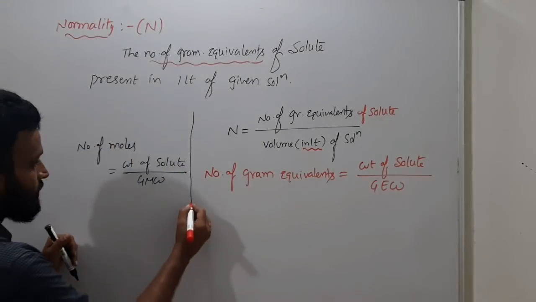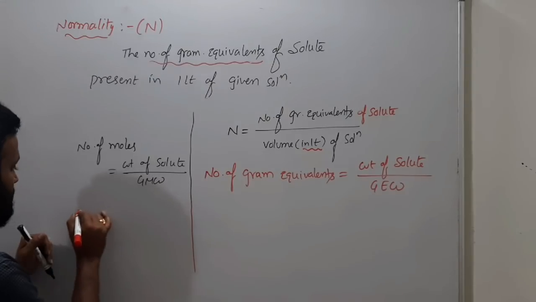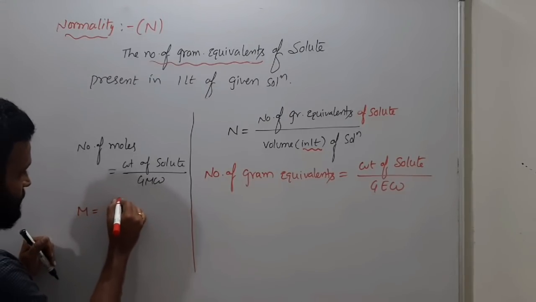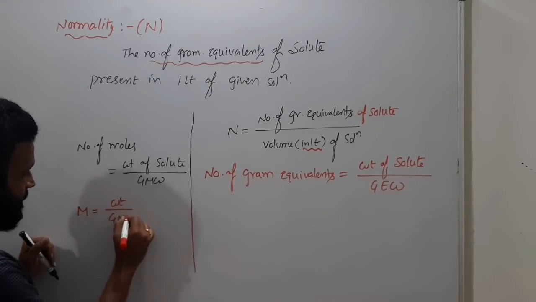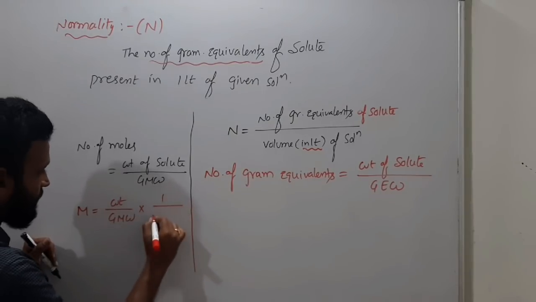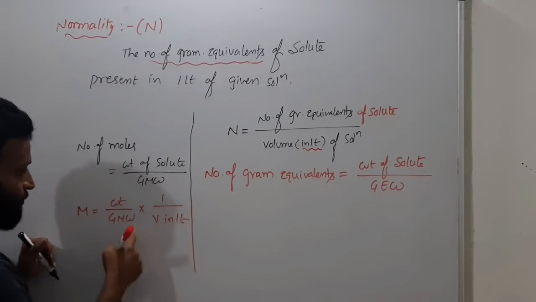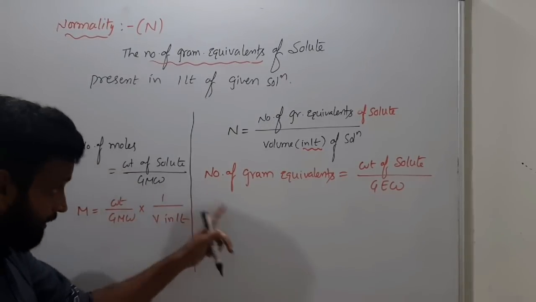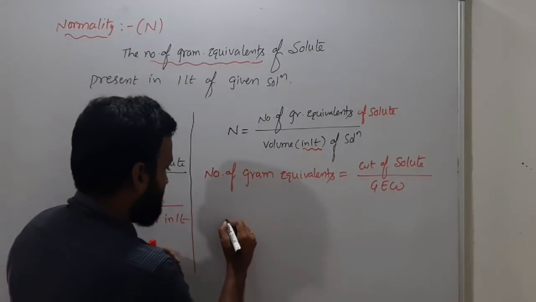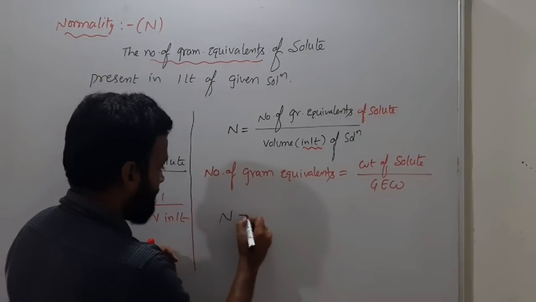So what is the molarity formula? Molarity is equal to weight by gram molecular weight into 1 by volume in liters.